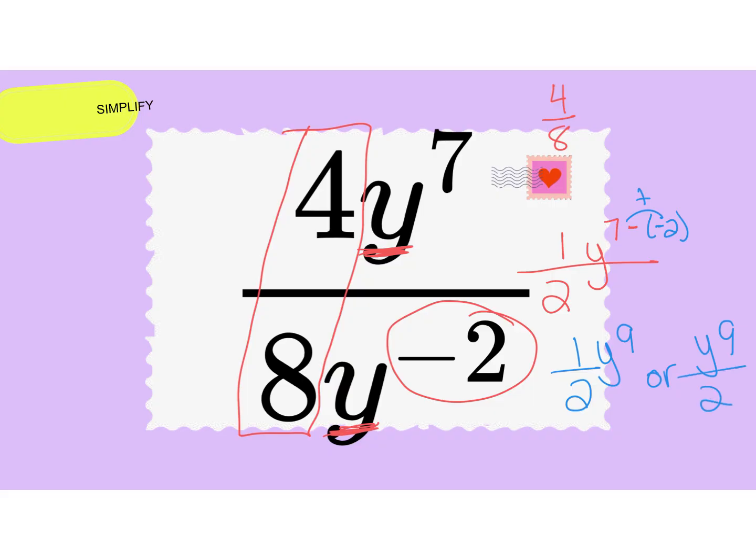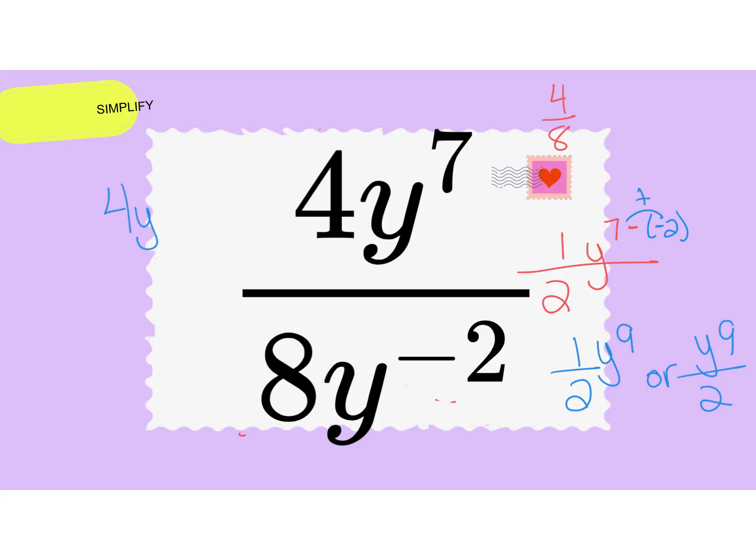Okay. The other way that you could have done this is you could have done the negative exponent rule first. Okay. So here I have 4y^-7. How do I get rid of the negative exponent? Well, I send it upstairs. The coefficient is staying down at the bottom. There's nothing wrong with it.